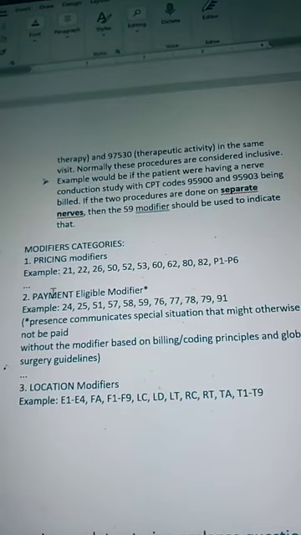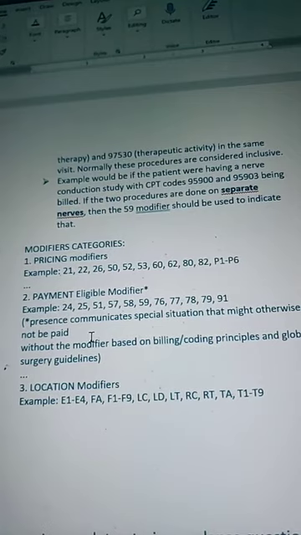What modifiers do is actually modify the CPT code's descriptor. So if the descriptor doesn't say it's one or the other, bilateral or that there were 2 physicians that worked on that one bone, if we're updating or changing that CPT code, that's why we would use these modifiers.